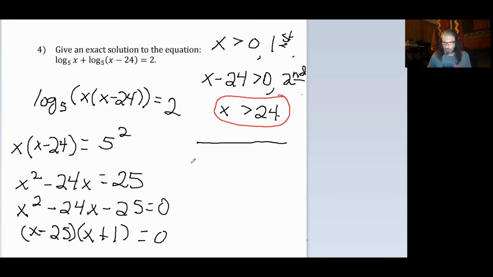Set each factor equal to 0. And then you've got two linear equations to solve.